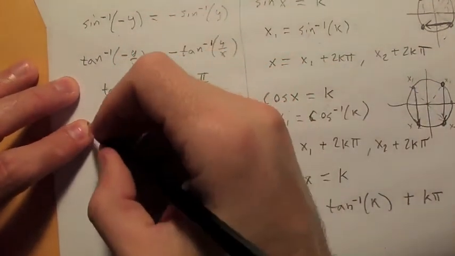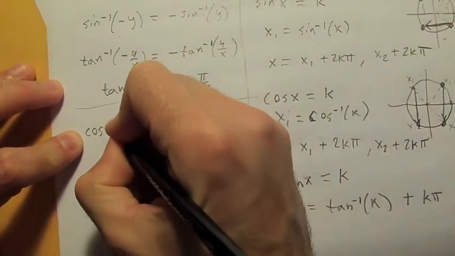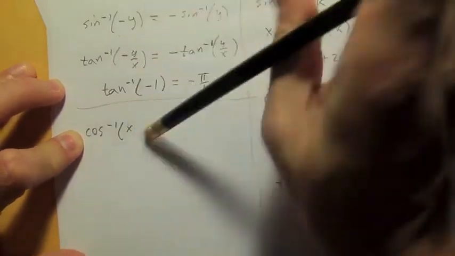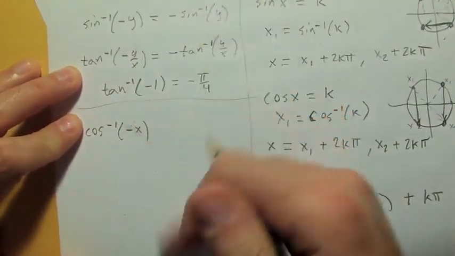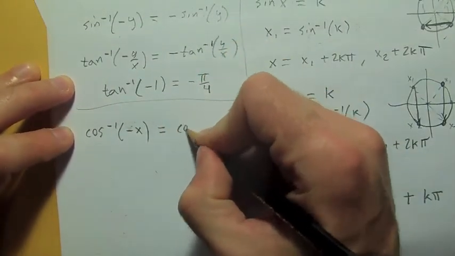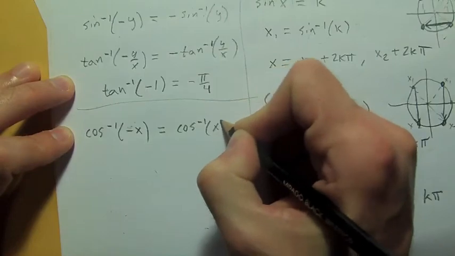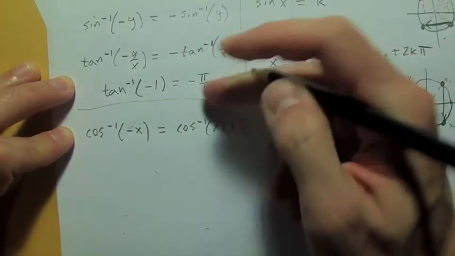The only extra thing you have to worry about, right, that's nice and easy, but cosine inverse, if you have a negative x on the inside, you don't just take it out. It's actually kind of strange. It's cosine inverse of x, right, plus 2 pi.